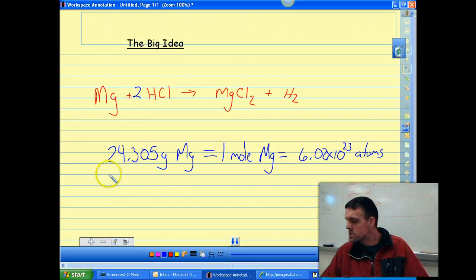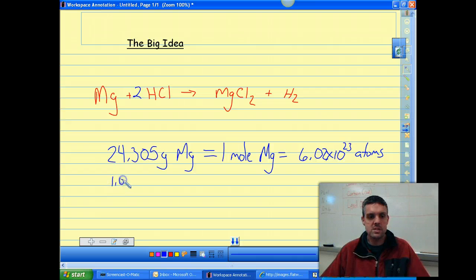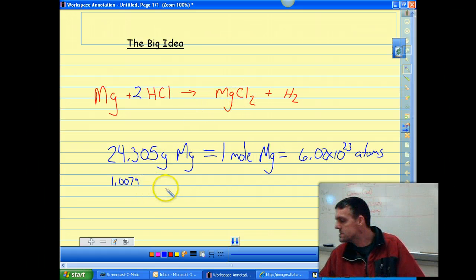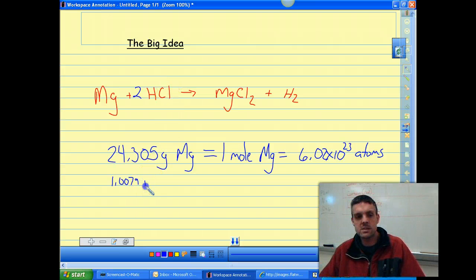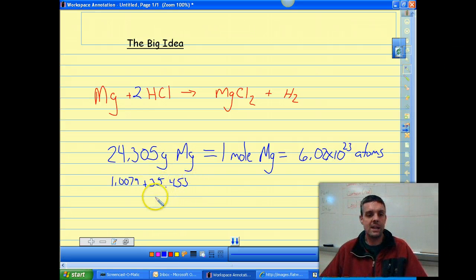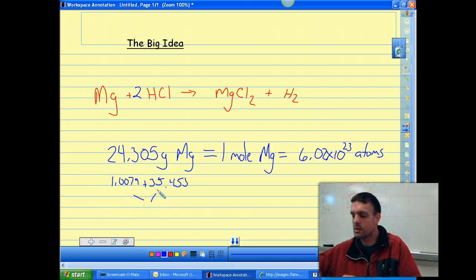Hydrogen, which is 1.0079, and 1 chlorine is 35.453.